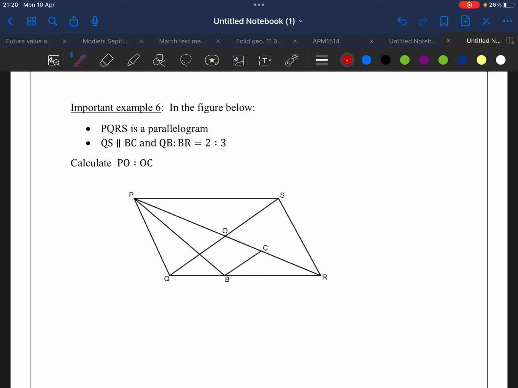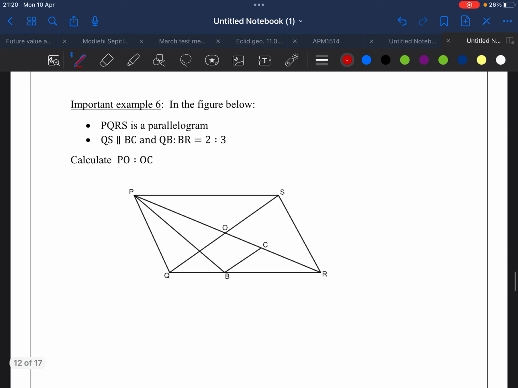So I hope everyone tried this question, and yes, let us see how we solve this question. We will start by sketch analysis first. All right, so now let us start with the sketch analysis. So now it is given that your PQRS is a parallelogram.